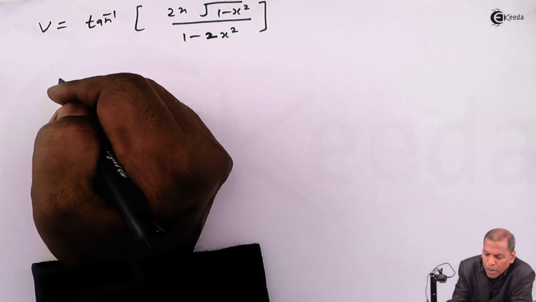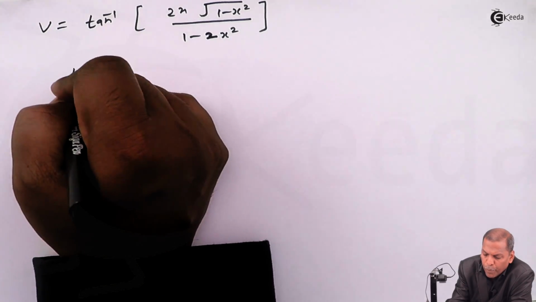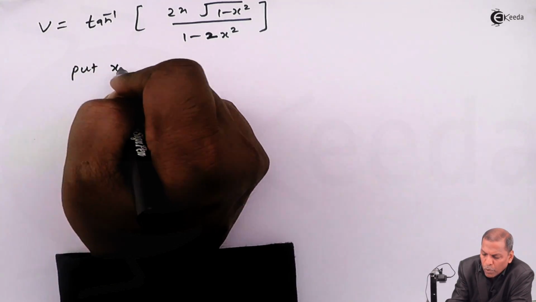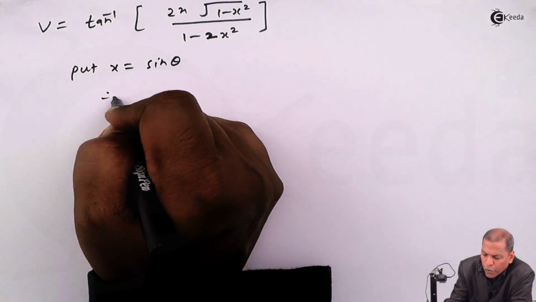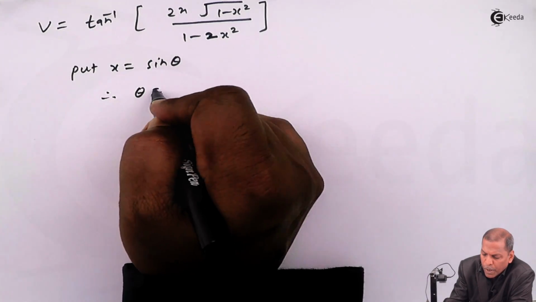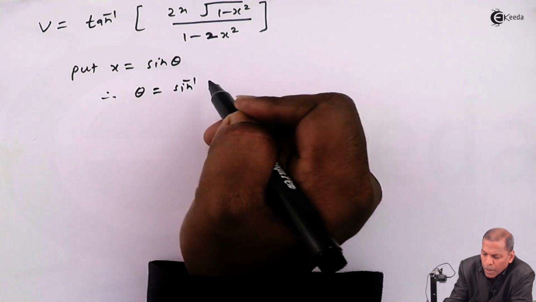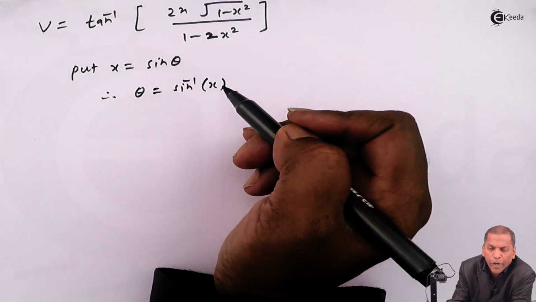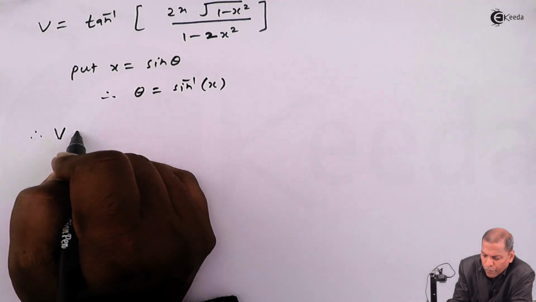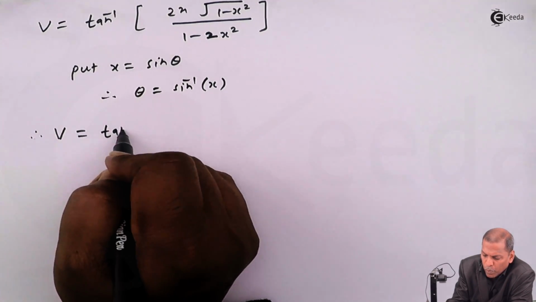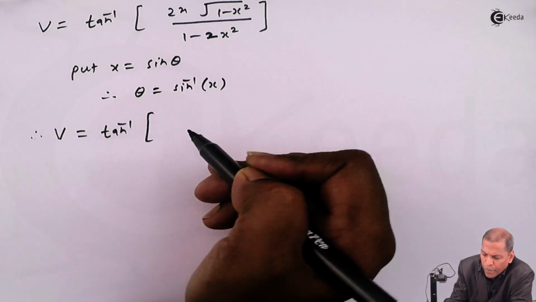Now in this form we put x is equal to sine theta. Therefore, theta must give sine inverse of x. So the next step will be v is equal to tan inverse in bracket.